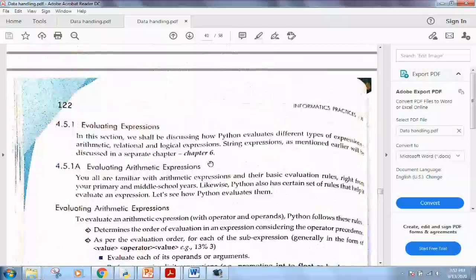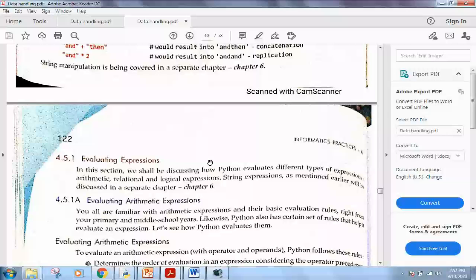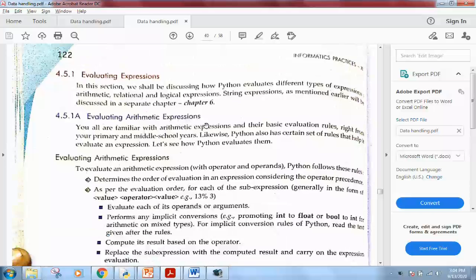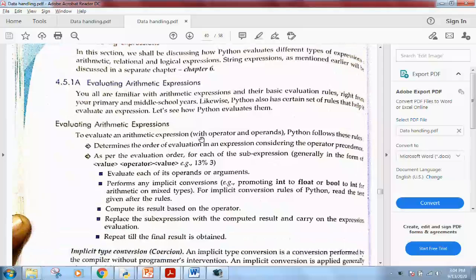Up to whatever I have told you, if you have any doubt, you can contact me personally to solve your queries. See, an arithmetic expression is an expression where you have only arithmetic operators. You know the rule of how to solve arithmetic expressions.